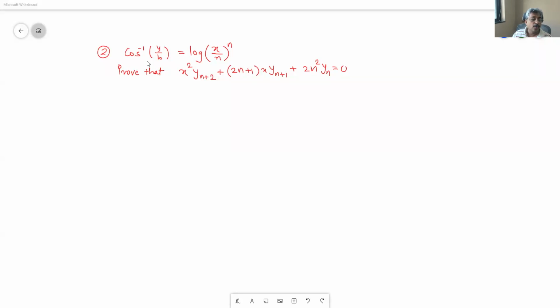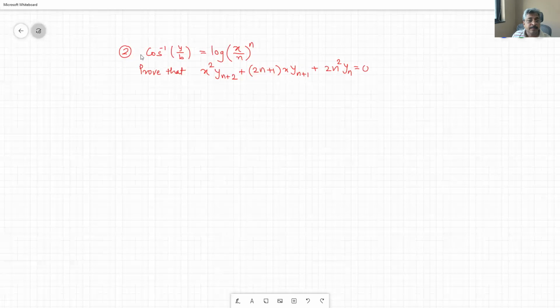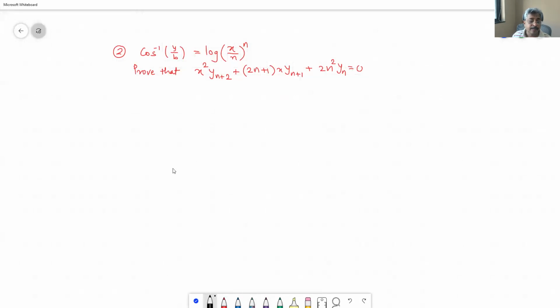Okay, so if you differentiate the given quantity with respect to x on both sides, what will you get? Cos inverse derivative, radical, so check whether this is correct, minus y1, that is the first derivative of y, root of b square minus y square, that is the derivative of LHS.